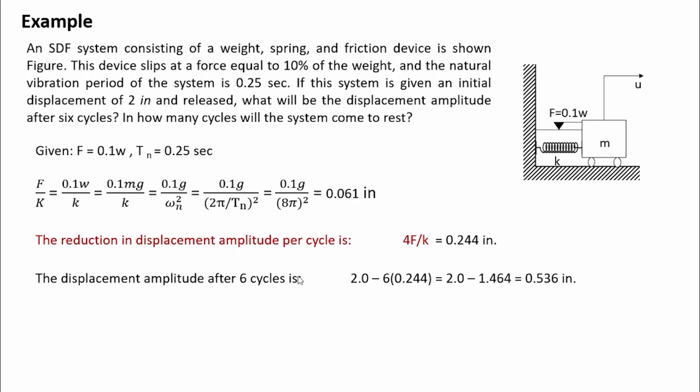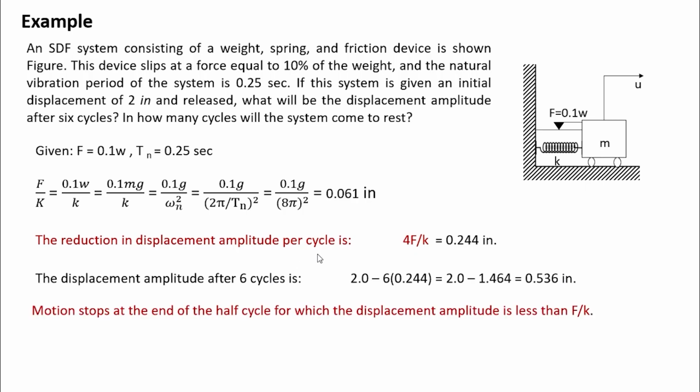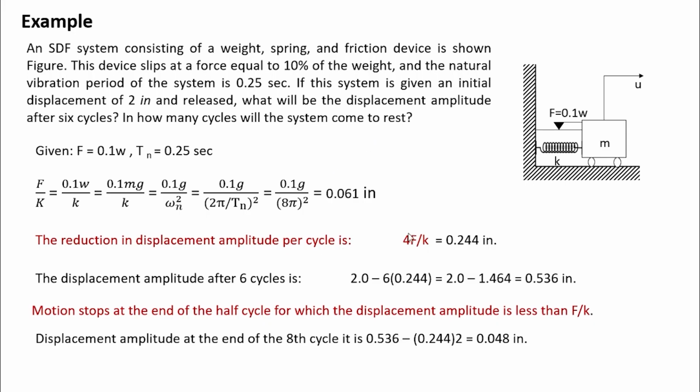So let's calculate the displacement amplitude after 8 cycles. After 8 cycles, the displacement amplitude would be the amplitude after 6 cycles minus 2 times the decay in a cycle. So the displacement amplitude at the end of the 8th cycle is 0.048 inches, which is less than the value of F/k, 0.061 inches.